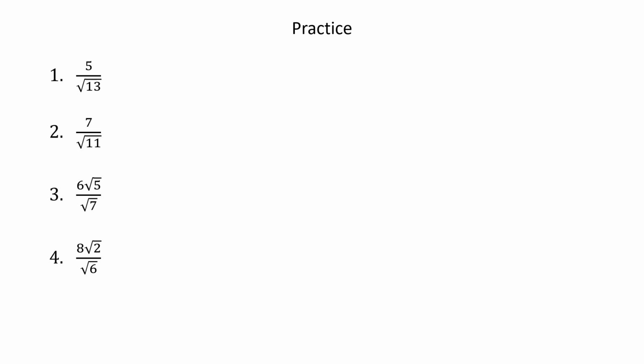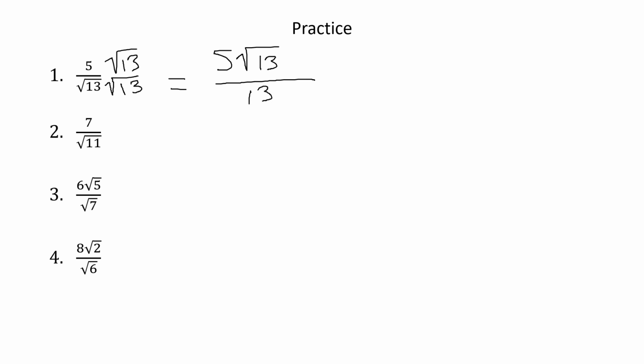All right, let's look at number 1. So we have 5 square root of 13. We're going to multiply the top and the bottom by square root of 13. 5 square root of 13 can't simplify any. Square root of 13 times the square root of 13 is just 13.